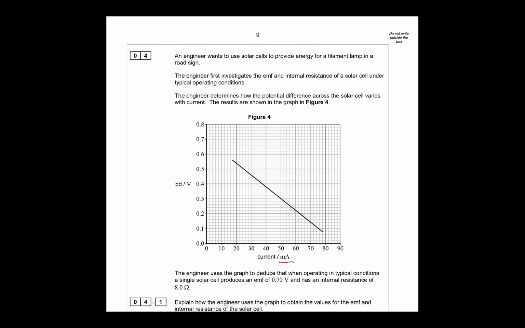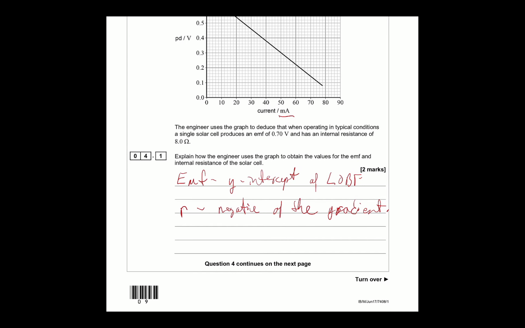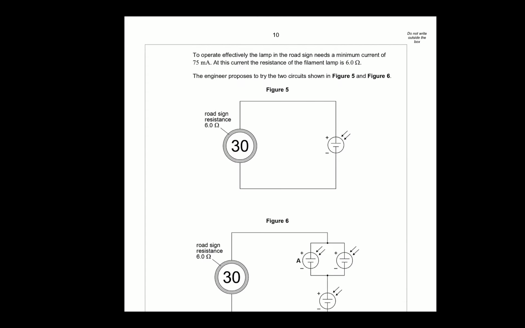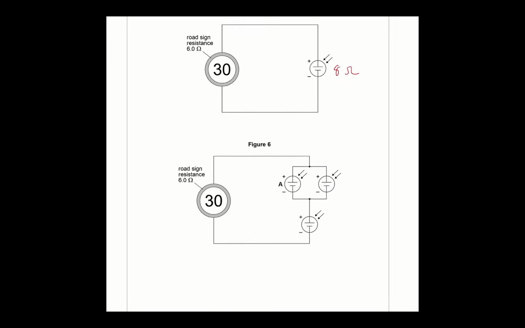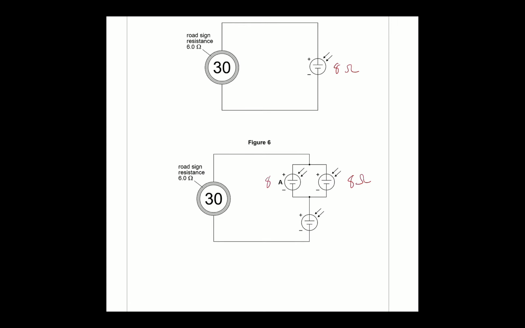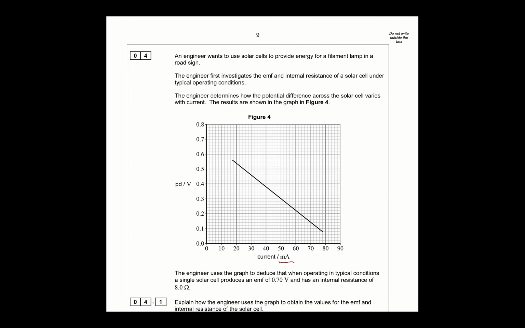So we know that our internal resistance is 8 ohms. So each one of these is 8 ohms, 8 ohms, 8 ohms, 8 ohms. Now, for this circuit here, we have an EMF that is double because EMFs in parallel don't add together.